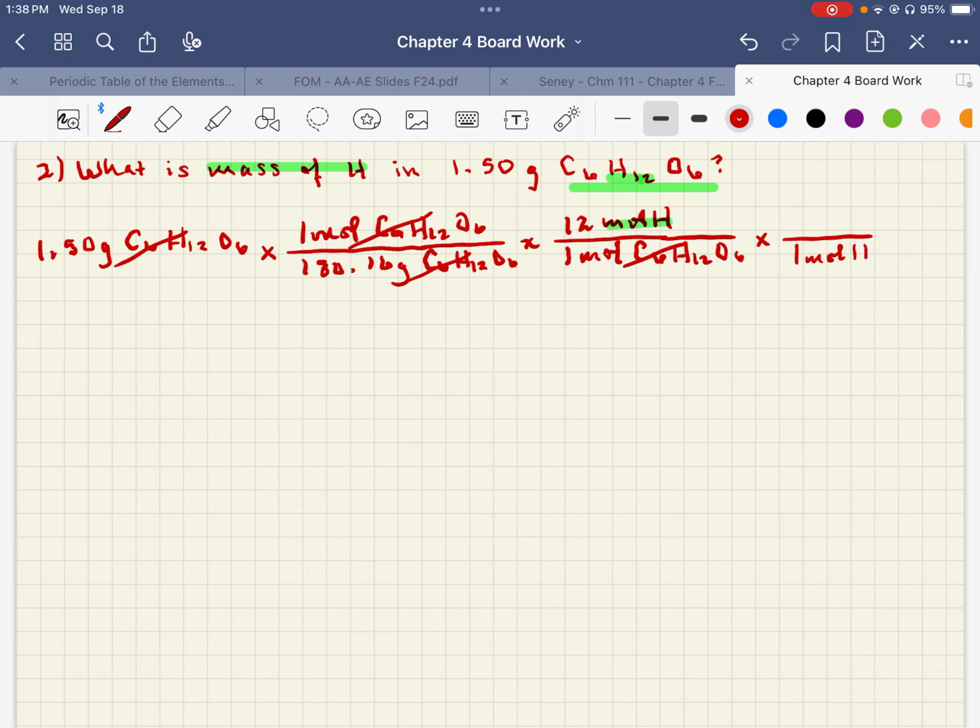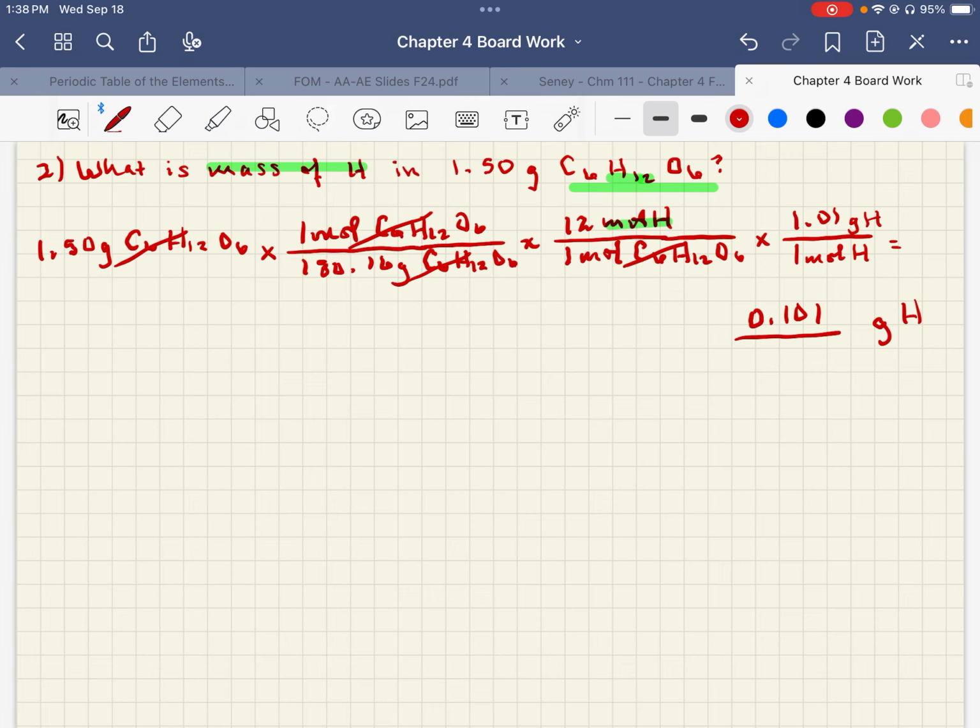So 1 mole of hydrogen per 1.01 grams of hydrogen. And that's going to be equal to, and this will also be 3 sig figs, so I'm going to look and see what that is. 1.5 divided by 180.16 times 12 times 1.01, and that ends up being 0.101 is what I ended up getting.